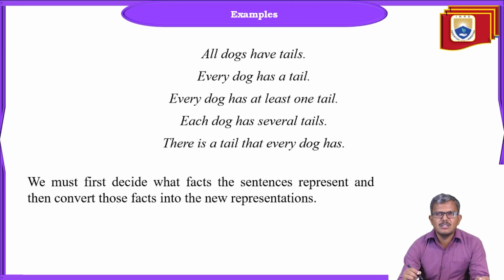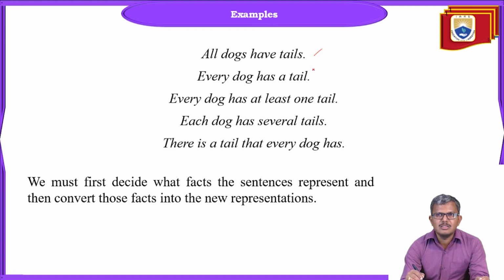Let us try to understand some more examples. All dogs have tails. Here, by using some deductive mechanisms, we are able to extract a larger quantity of knowledge, more facts. What are the new things we have generated?